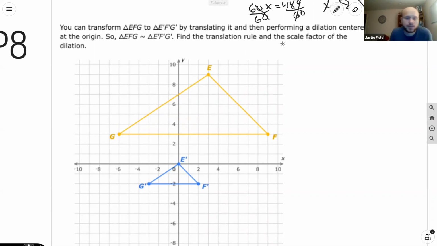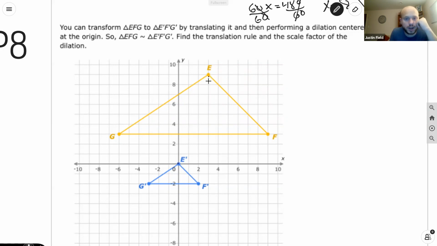So the first thing is, okay, if the origin is our center, then E prime is right there at the center. So E is down here.